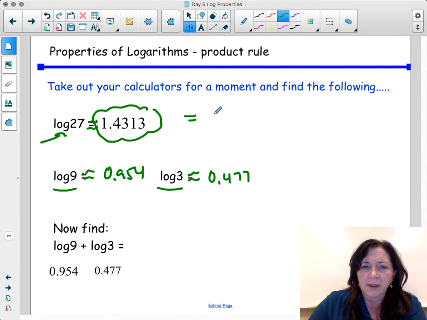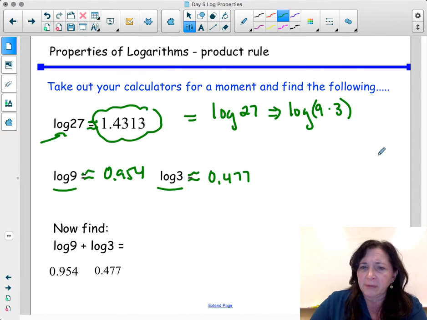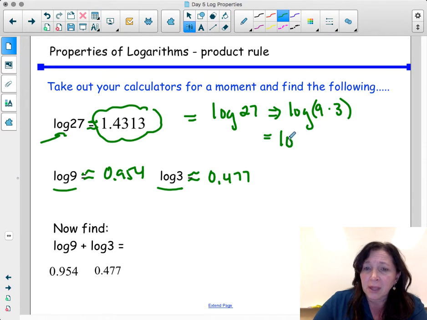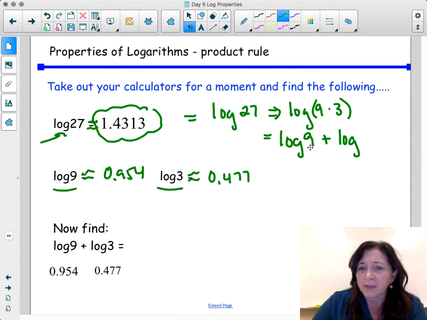Well, log base 10 of 27 can be rewritten as log base 10 of 9 times 3. Remember, multiplication, according to the product rule, in logarithm form becomes a sum, becomes addition. So now we have log base 10 of 9 plus log base 10 of 3.